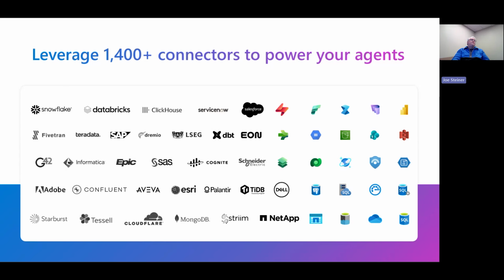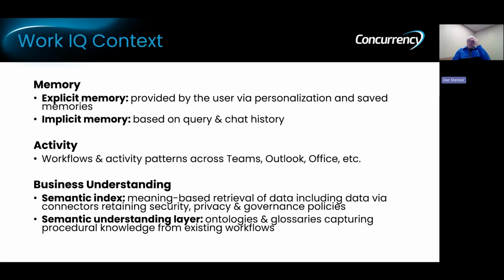For context, this really focuses again on the views of memory. So explicit memory, when you hear that term within this context, pardon the pun, is about those things that you're telling the agent and Copilot to remember about you specifically.